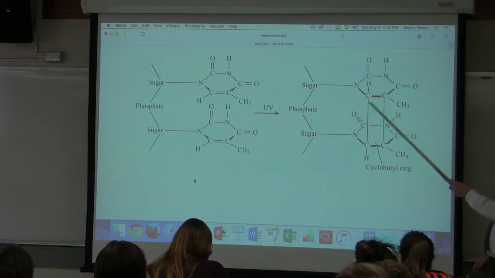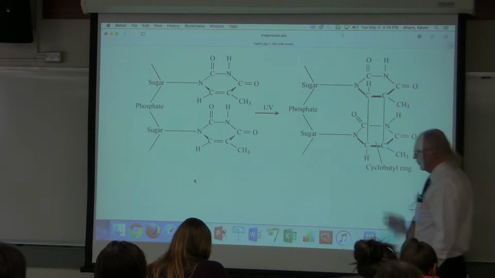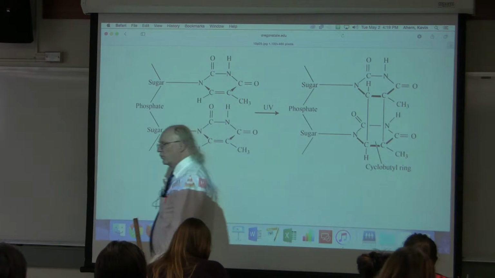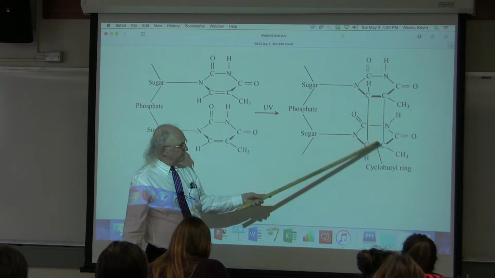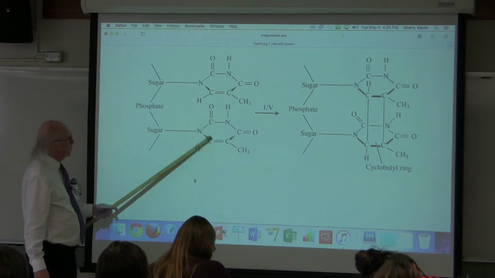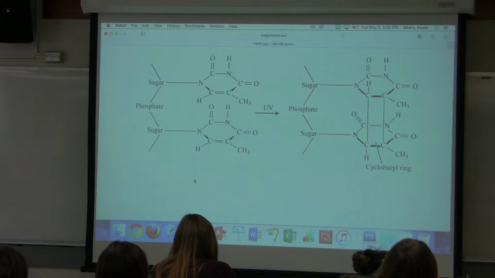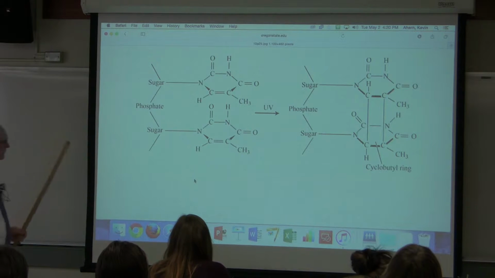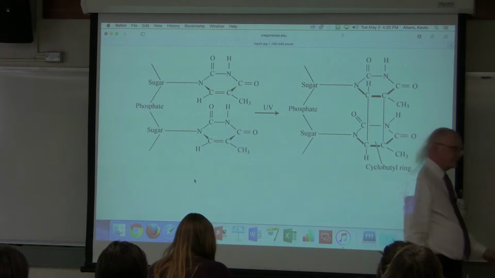And in the presence of ultraviolet light, what can happen is formation of what's called a cyclobutane or cyclobutyl ring. These are covalent bonds right here and here. Normally you see that there's no covalent bond between the adjacent thymines. This covalent bond causes the DNA to be less flexible.